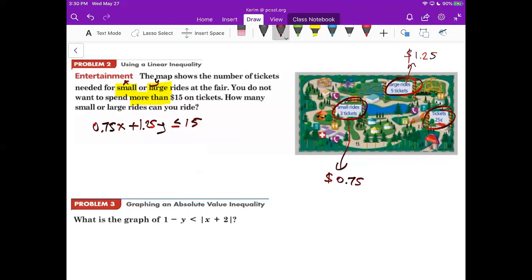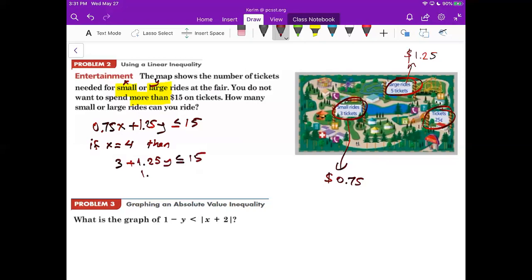Number 1, I can use trial and error. That's totally fine. Just give a number to x and figure out y. Let's say x is equal to 4, and 4 times 0.75 is 3. Then 3 plus 1.25y is less than or equal to 15.